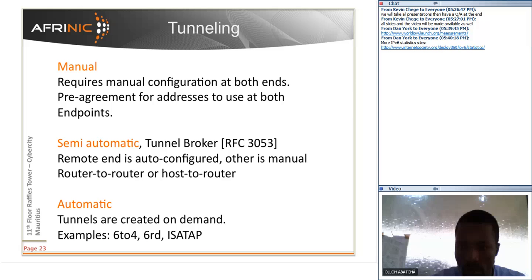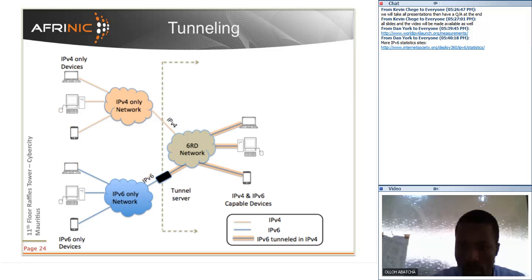They will configure automatic tunnels as long as it needs it, and then bring them down when it doesn't. So the example I was just discussing of 6RD tunneling is exactly that.